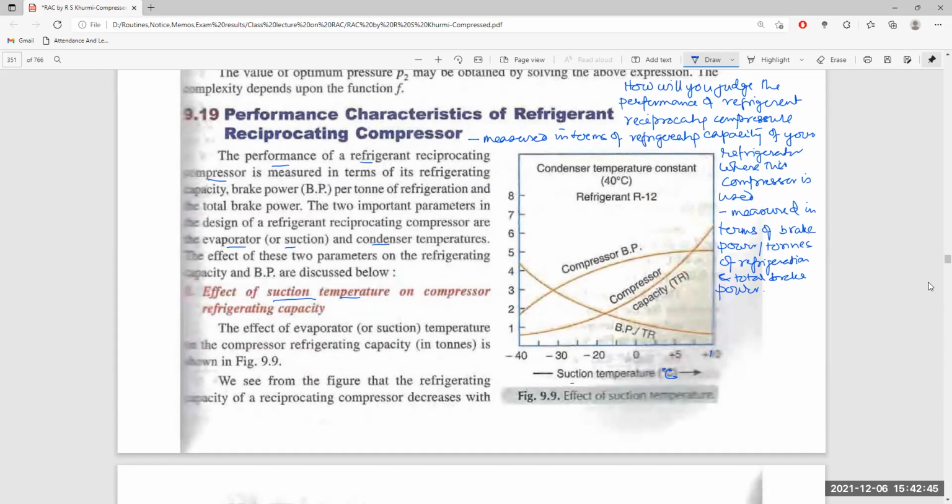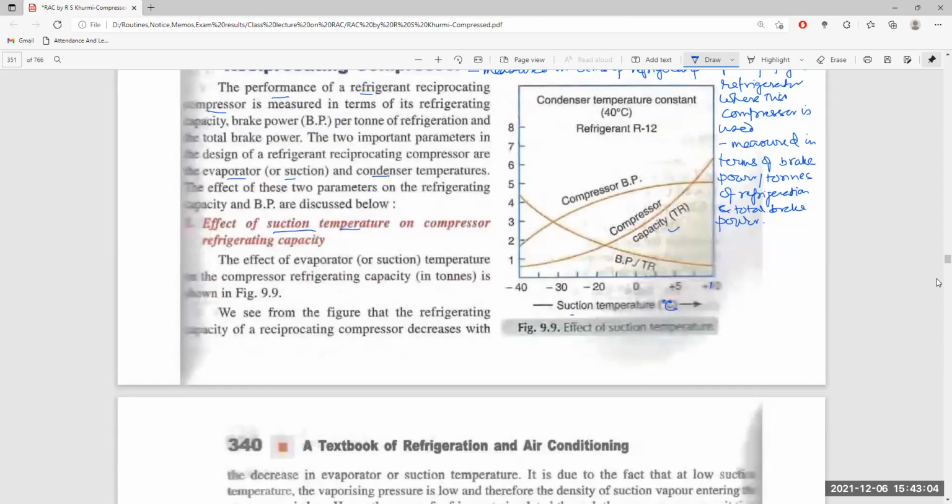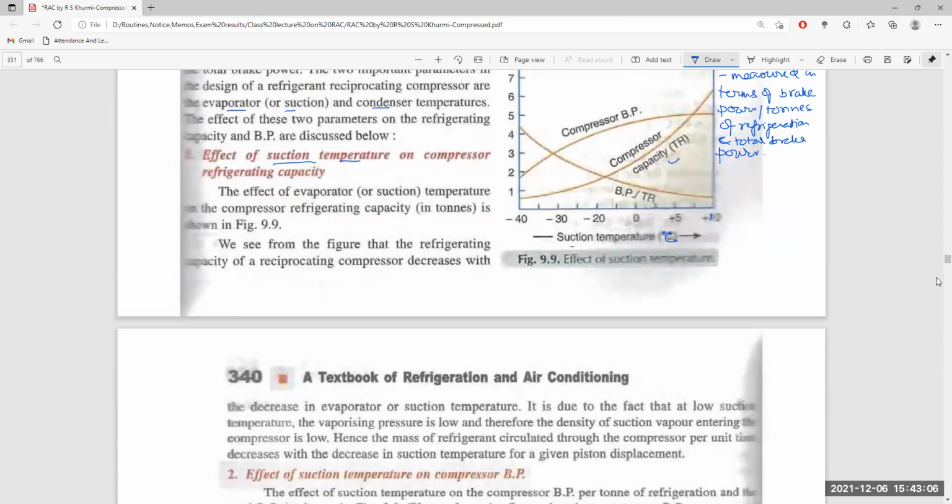This is the suction temperature. On the other axis is the compressor refrigerating capacity, the compressor tonnage. We see that refrigerating capacity of the compressor decreases with the decreasing evaporator temperature.